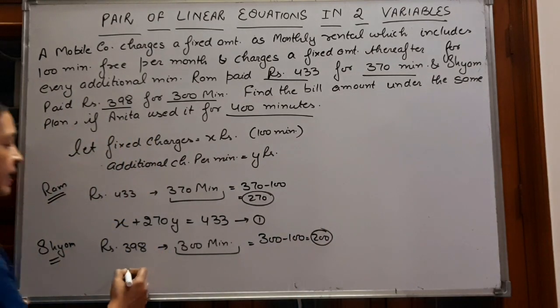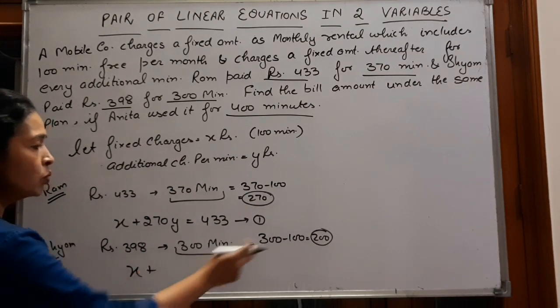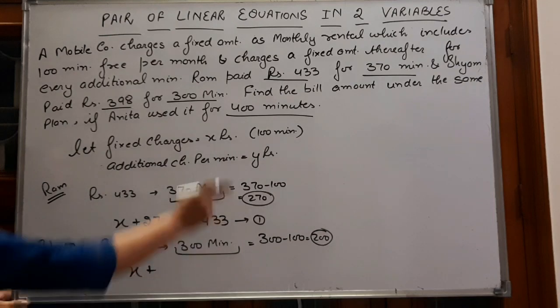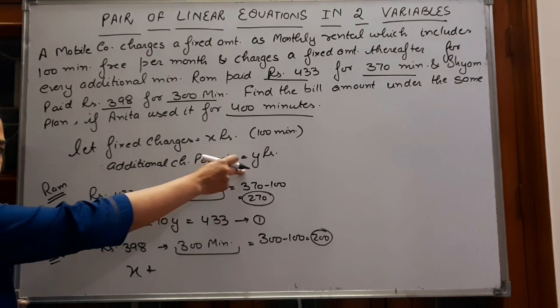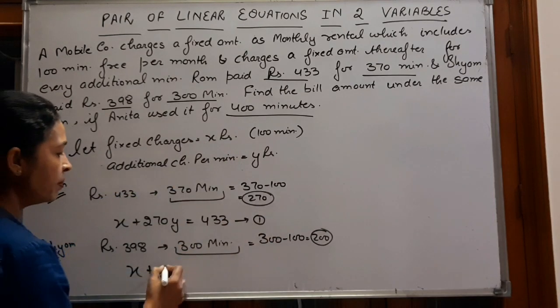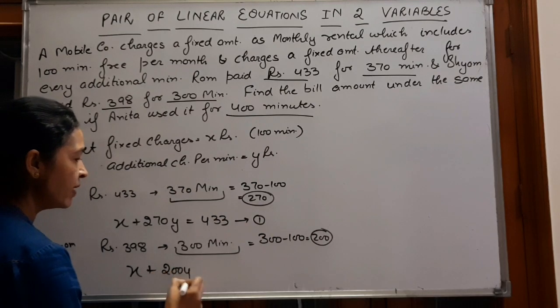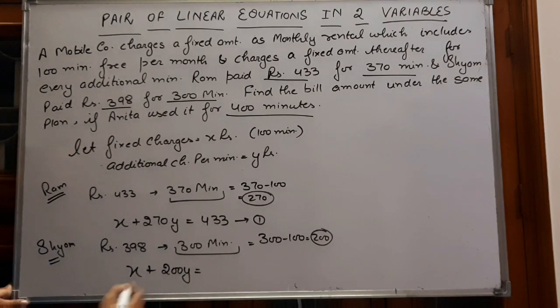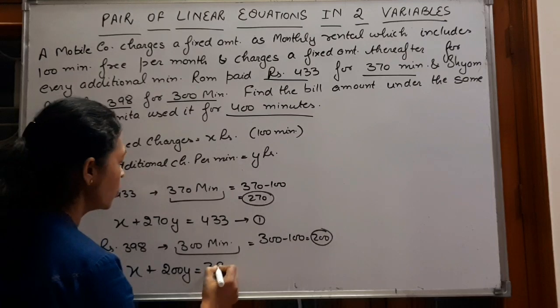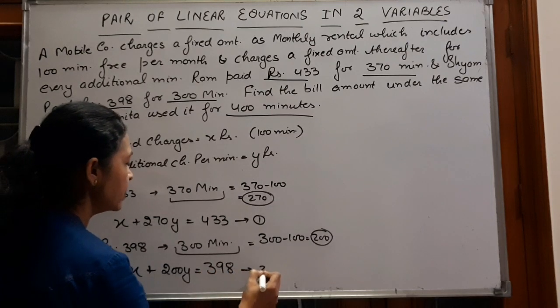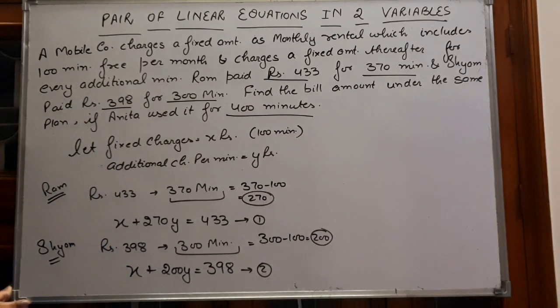For first 100 minutes, he has to pay X rupees, which was fixed, and for 200 minutes, he has to pay rupees Y per minute. For 200 minutes, he has to pay 200 Y rupees, and the total money he has to pay is 398 rupees. Right, this is equation 2.